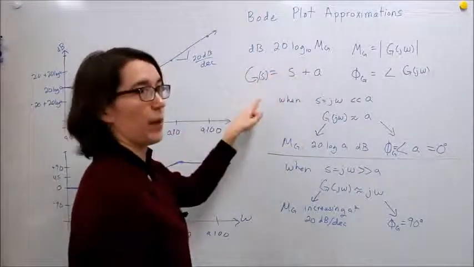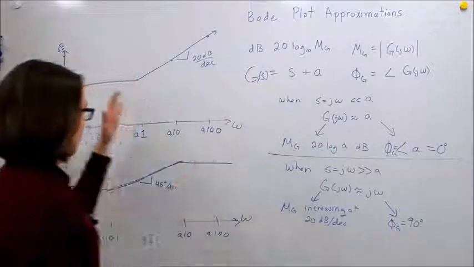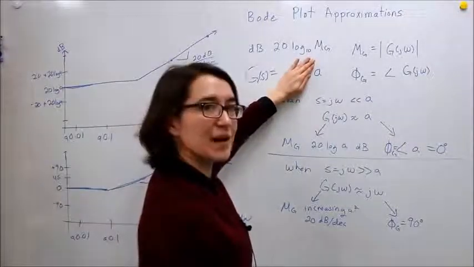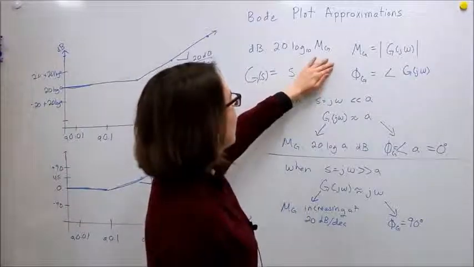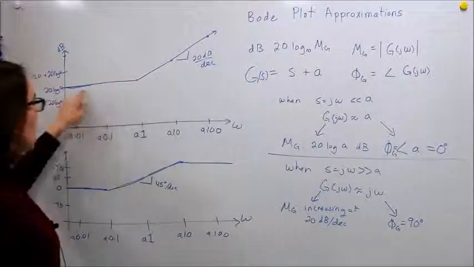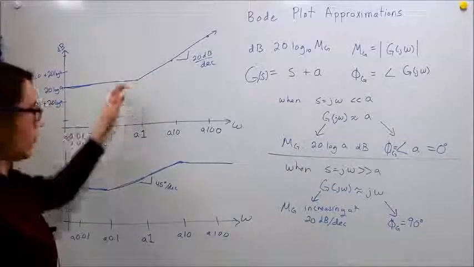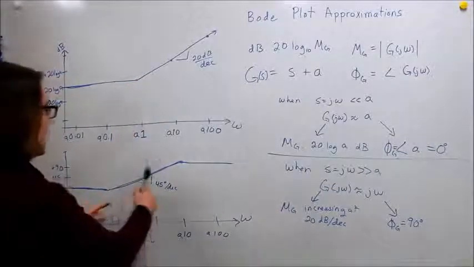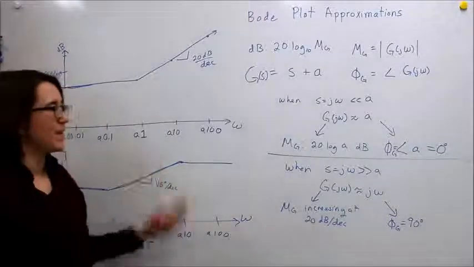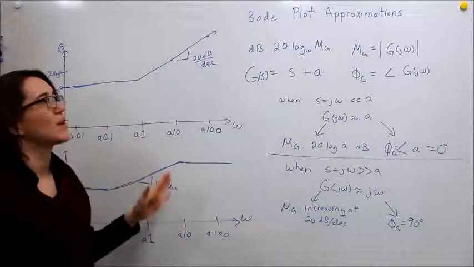So s will dominate at very large values. So the Bode plot will essentially shift from just an a by itself to an s by itself. And so we just approximate that transition here with straight lines coming into the point right at a, and here it goes through 45 at the point a. Okay, so this is how you approximate a zero using a Bode plot.